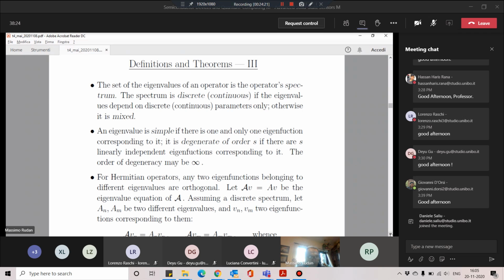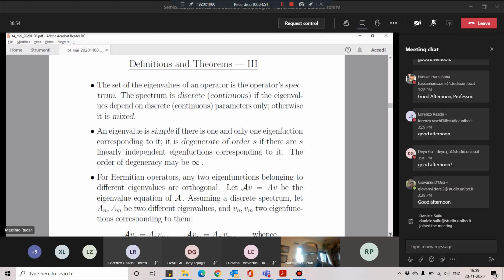And if the problem is three-dimensional, you find three indices. It may also happen that, for instance, in a two-dimensional situation, one of the indices is discrete and the other is continuous. Okay, so you may have several combinations of this type.